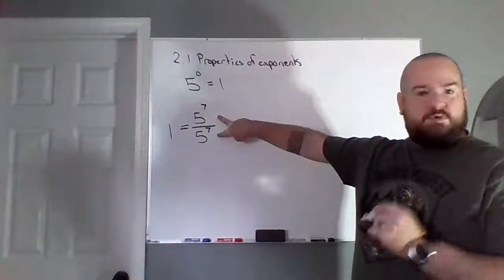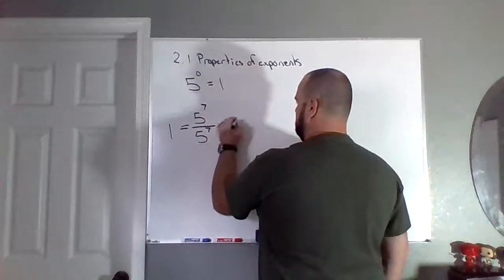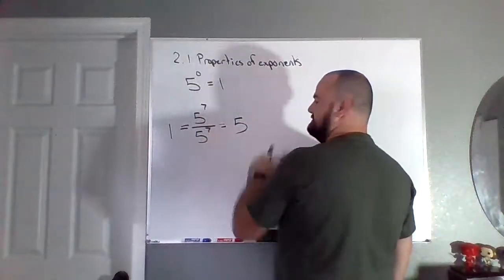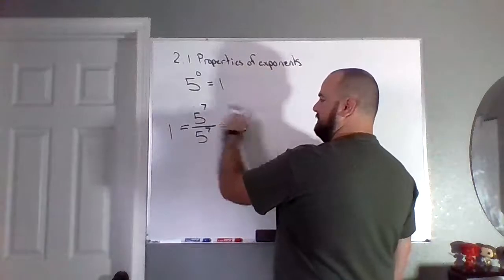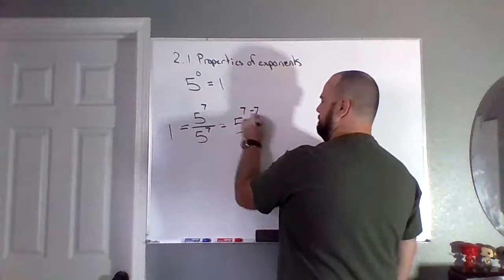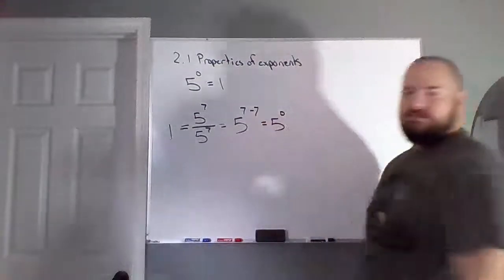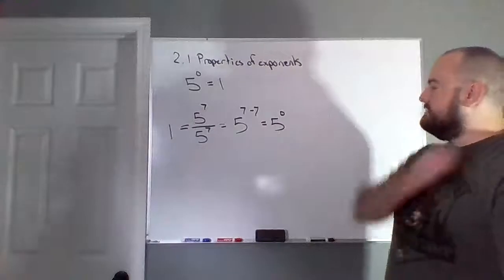But I can also use the quotient rule we just talked about, and I can simplify this. And to do that, it just means, since the base is the same, we take our base, and we raise it. The power is the numerator minus the denominator. And 7 minus 7 is 0. That's pretty cool.